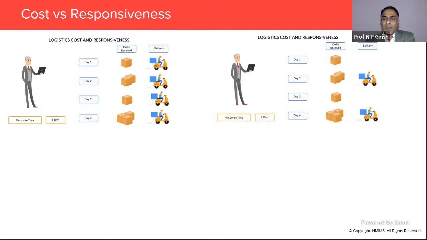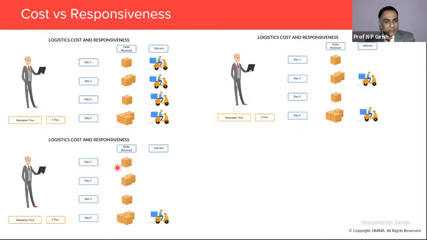When you're looking at delivery every second day, then the cost of delivering is lesser, but responsiveness is lesser as well. You're more efficient here, but much less responsive compared to the other situations, right?